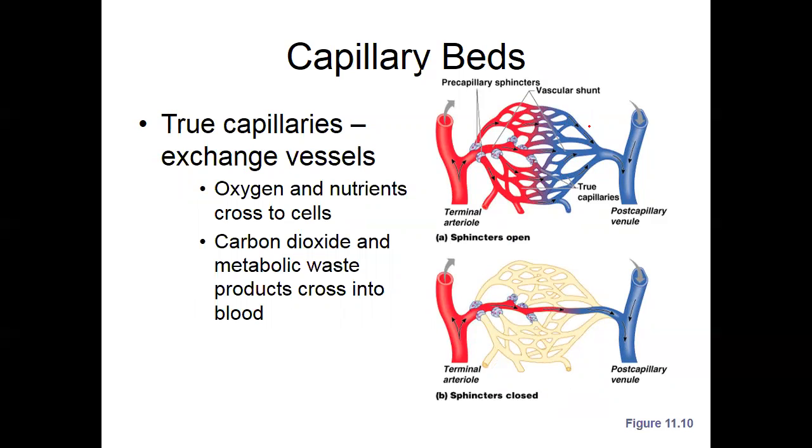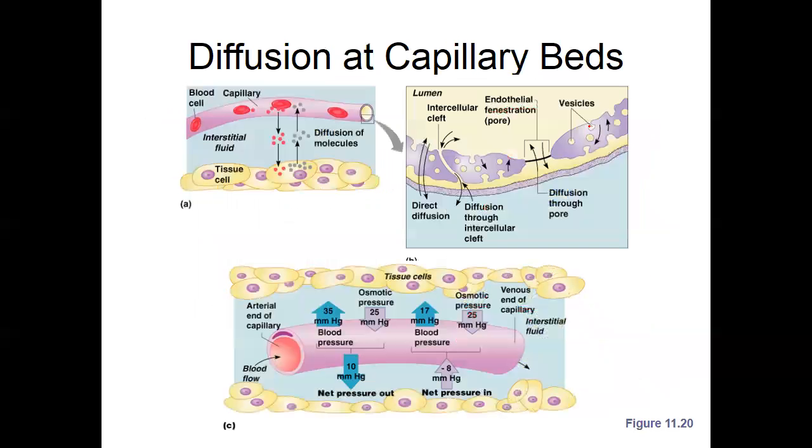True capillaries are where blood and oxygen are exchanged. Oxygen and carbon dioxide are not just exchanged in the circulatory system, they're only exchanged in capillary beds. So there's no actual oxygenation going on in the arteries, in the lumens of the arteries themselves.